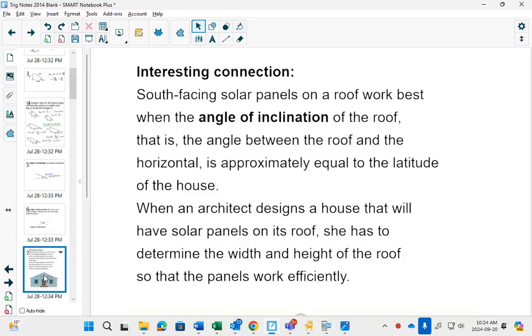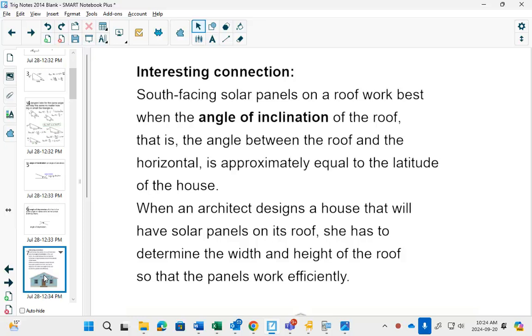You'd have to look on the world map to see where we are latitude-wise. If you're at a latitude of 50 degrees, you would want your solar panel at an angle of inclination of 50 degrees. Just kind of cool. And it kind of makes sense, right?